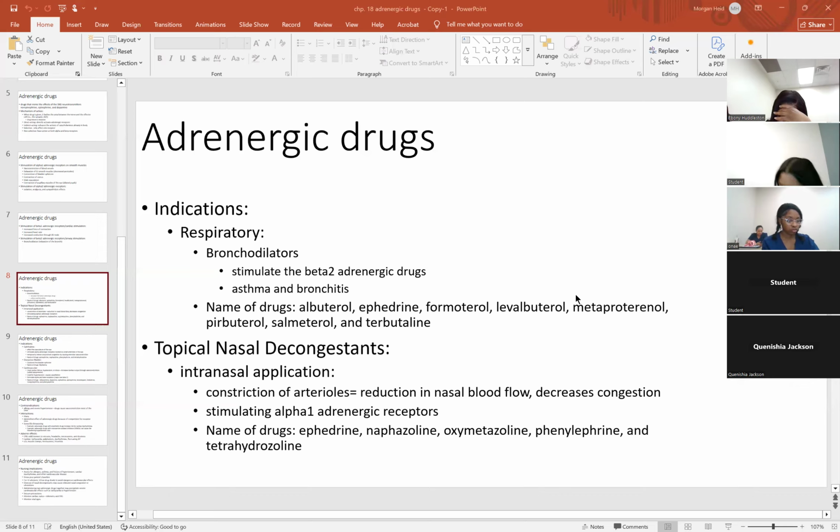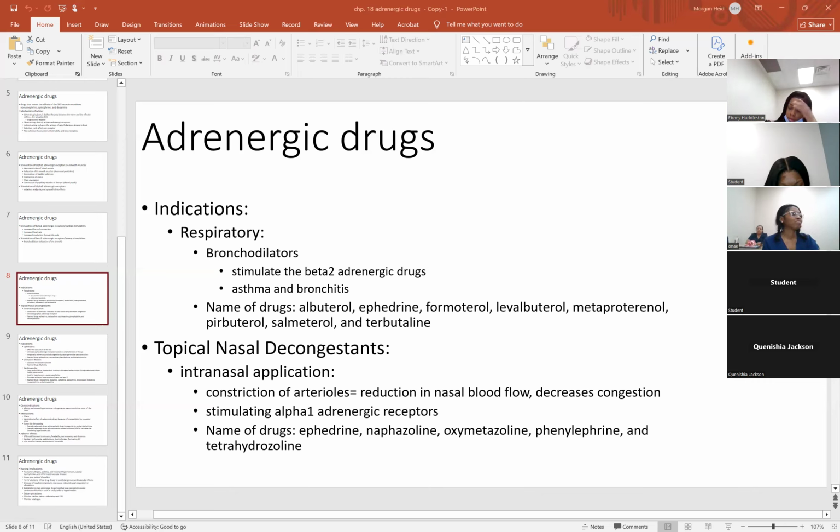Yes. Okay. So again, these aren't necessarily happening during fight or flight, but they are just everyday life circumstances, like the respiratory tract. If I have asthma, if I have bronchitis, that's not necessarily a fight or flight thing, but we do use aspects of the sympathetic nervous system all day, every day. So I'm turning on that particular part, which is the bronchodilators, which would help open the airway for these disease processes.